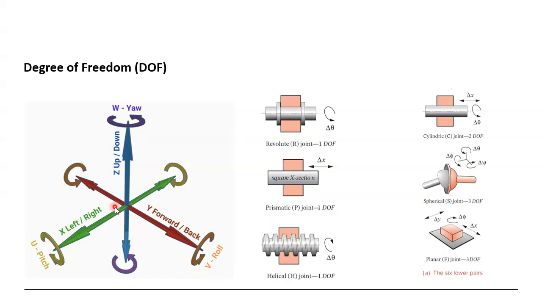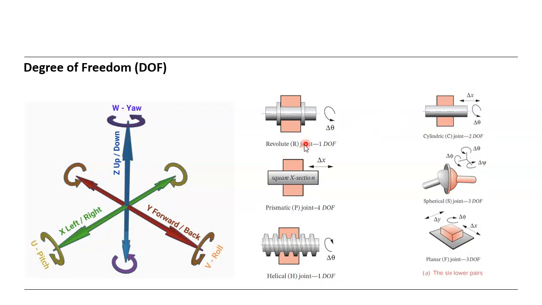But in machines, we use mechanisms, and mechanisms consist of links, and links are connected by joints. So the joints are now important to check regarding the degree of freedom. So here we have a revolute joint. We already mentioned it in our last lessons; more or less it's repeating.